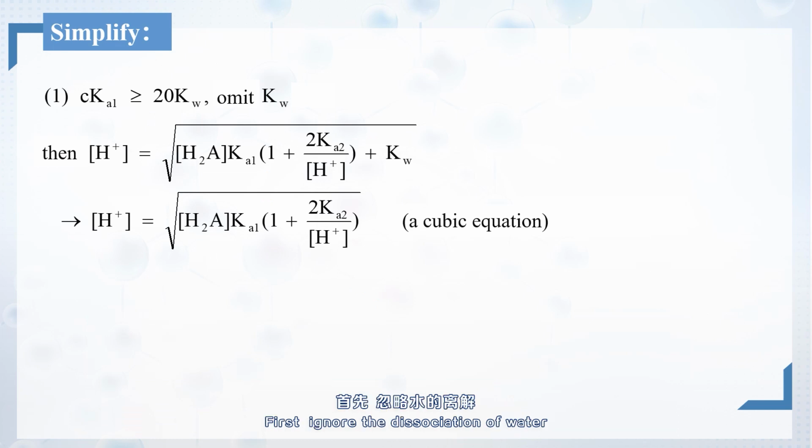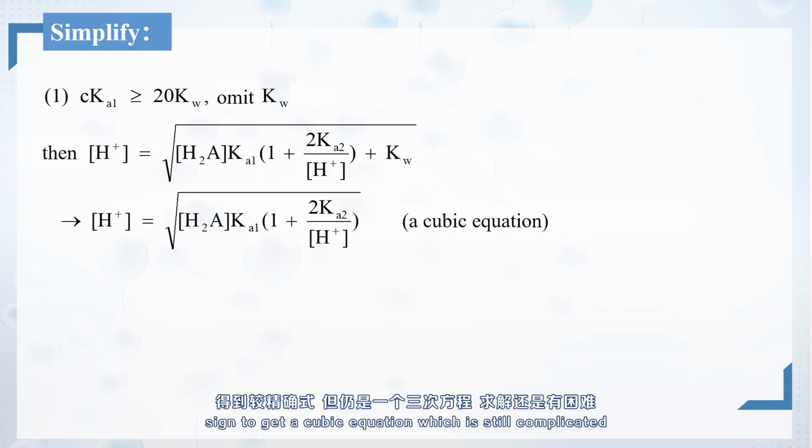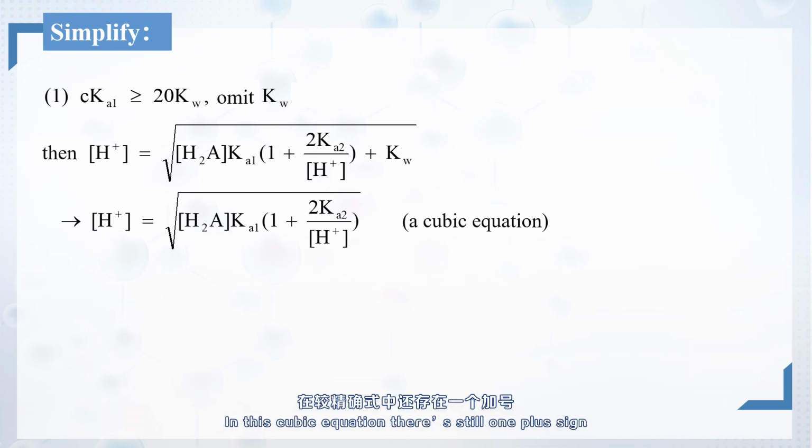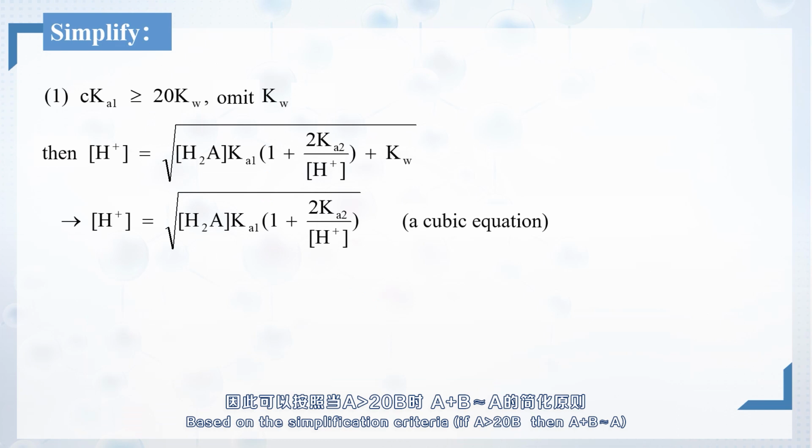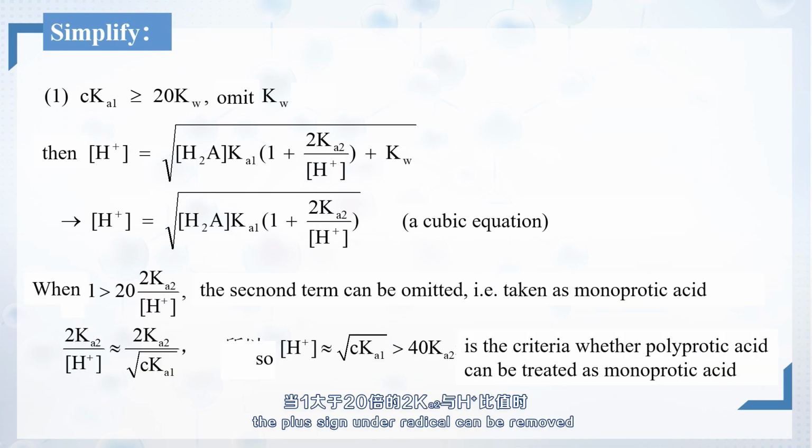First, ignore the dissociation of water and eliminate one plus sign to get a cubic equation, which is still complicated. In this cubic equation, there is still one plus sign. Based on the simplification criteria, when 1 is larger than 2√2 Ka2 divided by hydrogen, the plus sign under radical can be removed.